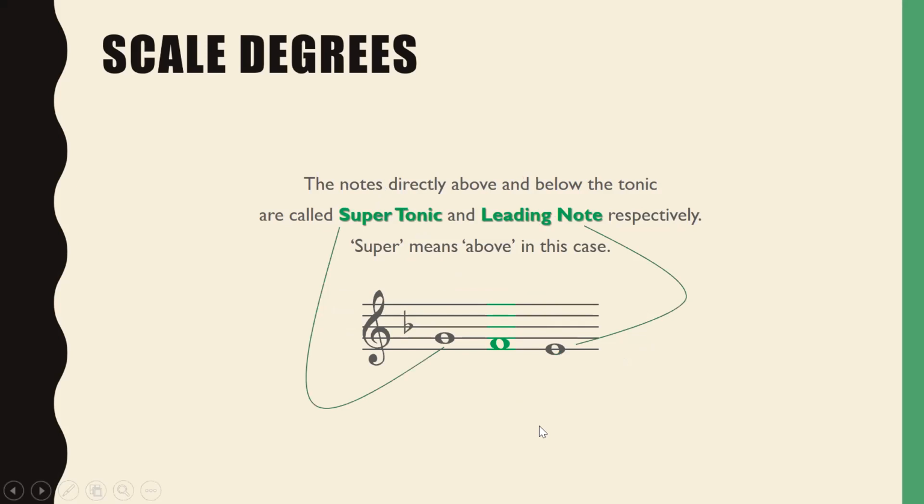Now let's look at the notes that are immediately next to the tonic on either side. The one just above the tonic: if we're working in F major, there's F, which is the tonic. The one just above that, G, we call the supertonic.